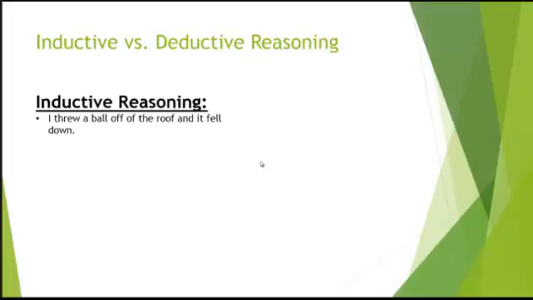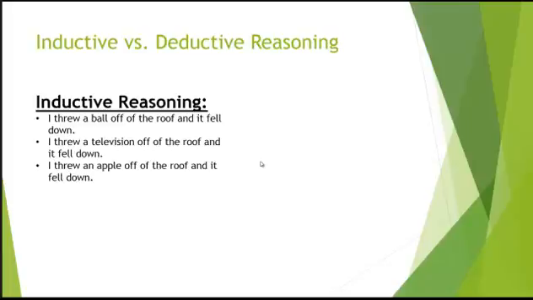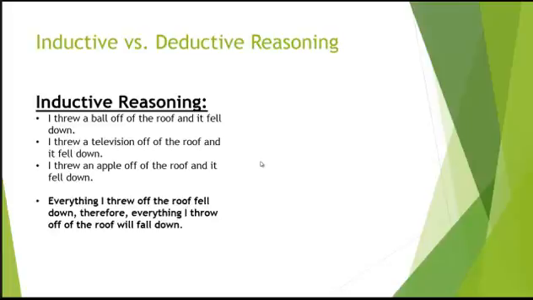For inductive reasoning, when we're looking at inductive versus deductive reasoning, you can have an example of: I threw a ball off the roof and it fell down. I threw a television off the roof and it fell down. I threw an apple off the roof and it fell down. Therefore, based on these observations, I'm going to reason that everything I throw off the roof will fall down.